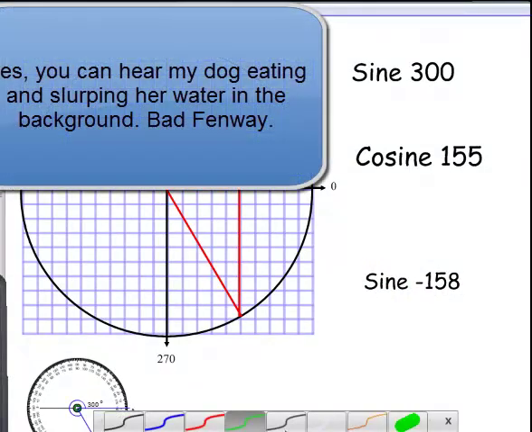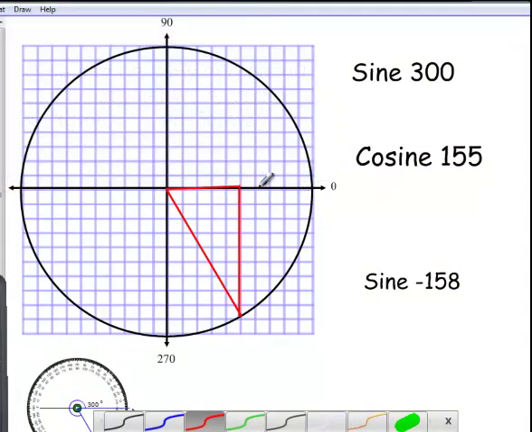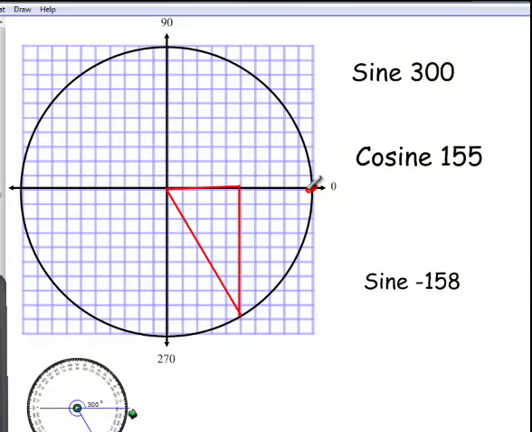This triangle is in a unit circle, and the unit circle is 1, 2, 3, 4, 5, 6, 7, 8, 9, 10 spaces. But remember, it's 1 unit. So in this case, each space is 1/10 of a unit. And here is theta right here. So this was 1, 2, 3, 4, 5 roughly, so this is 0.5.